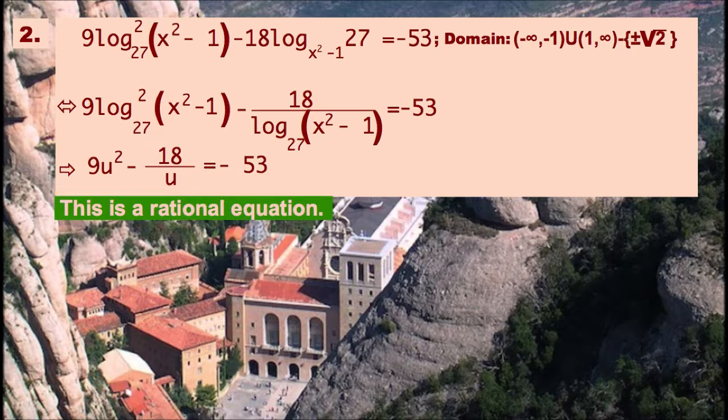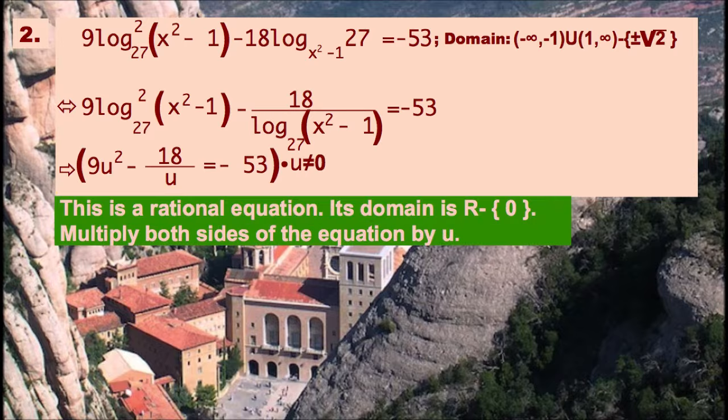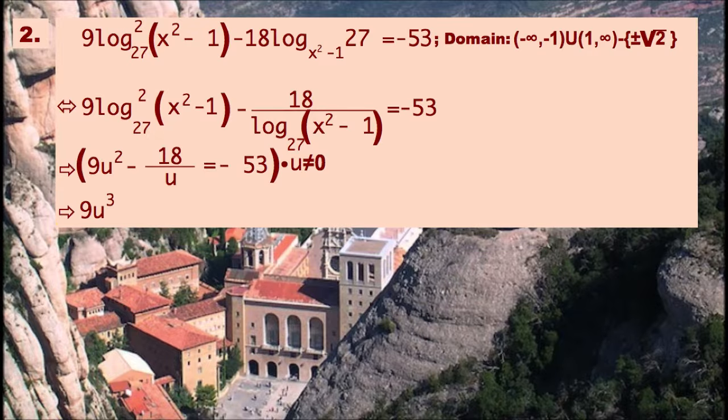This is a rational equation. Its domain is the set of real numbers minus the set made of 0. Let's multiply both sides of the equation by u. We multiply, u does not equal 0, obtaining 9u cubed minus 18 equals negative 53u.